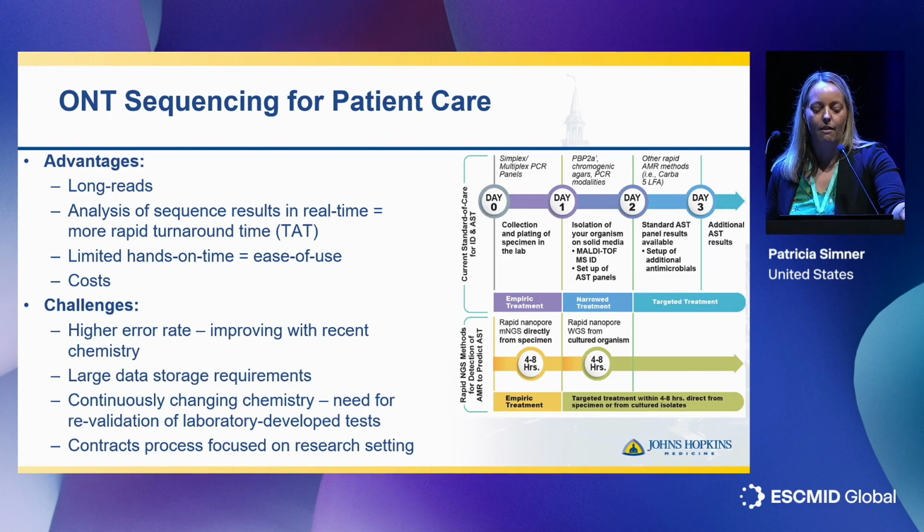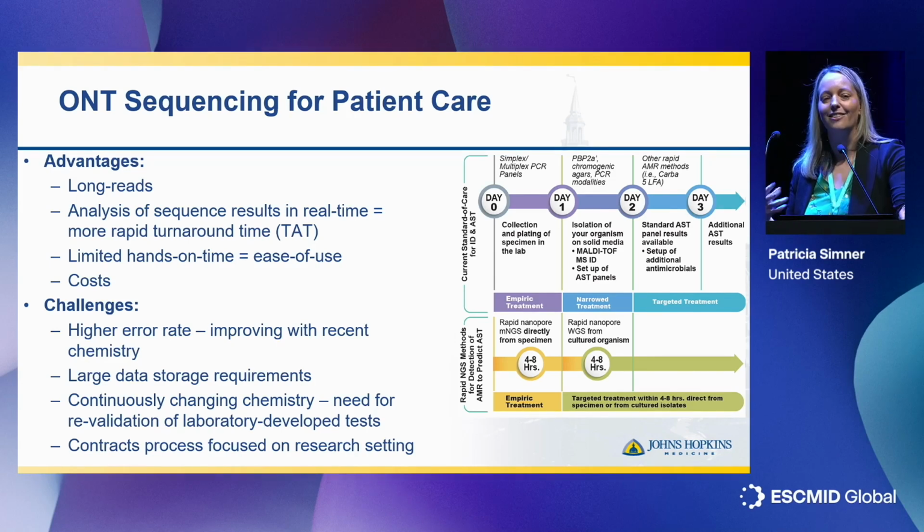The challenges are that we do see some higher error rate. However, we're seeing improved accuracy with recent chemistry. We could also overcome some of this with bioinformatics-based methodologies. There's large data storage requirements, so depending on your data retention policies, that's something you need to consider from a clinical laboratory standpoint. And then we see the changing chemistry.